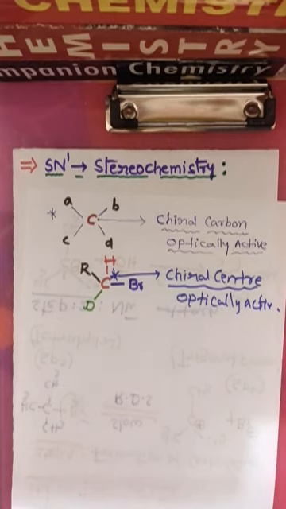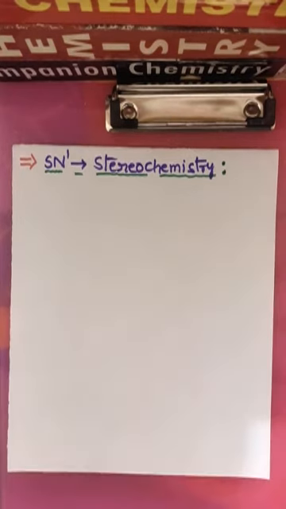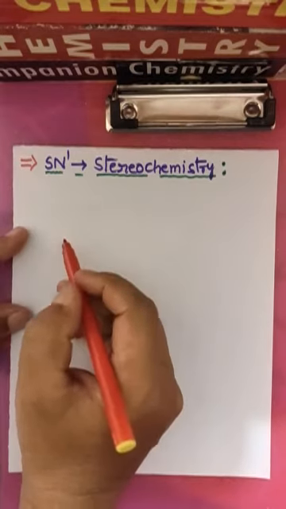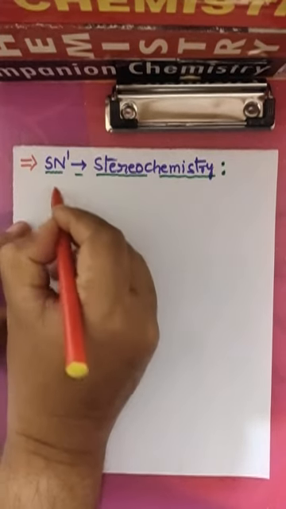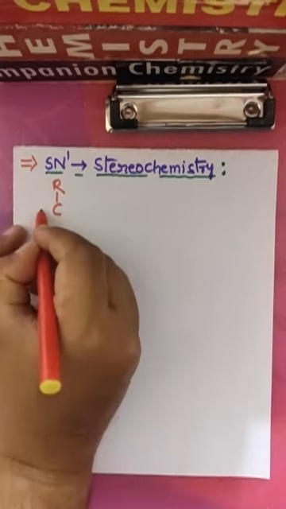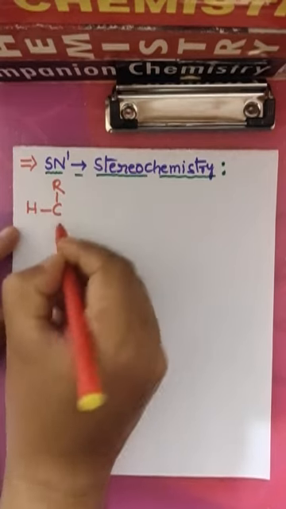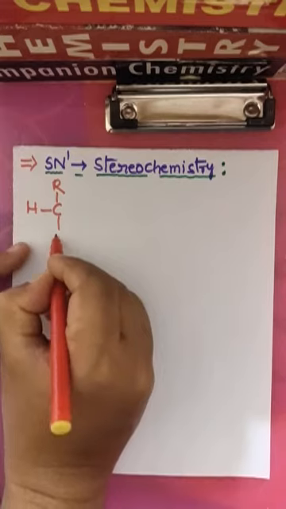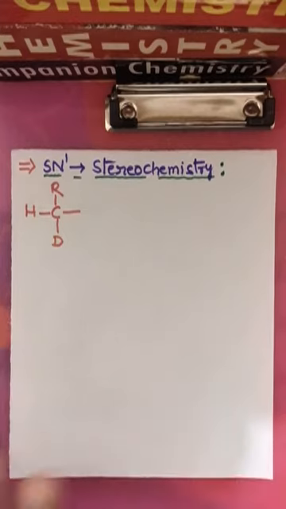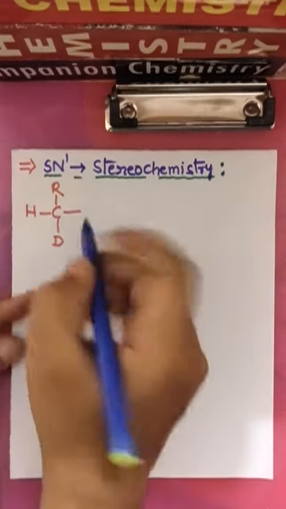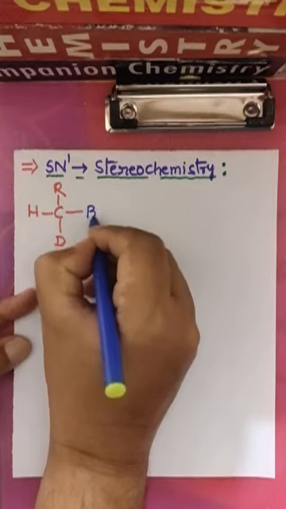Let me take the SN1 mechanism according to stereochemistry. I am taking here an optically active compound, that is carbon with an alkyl group, one hydrogen, one deuteron, and one leaving group, that is halogen as bromine.